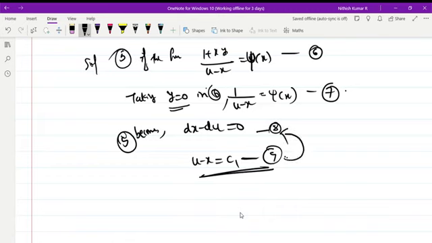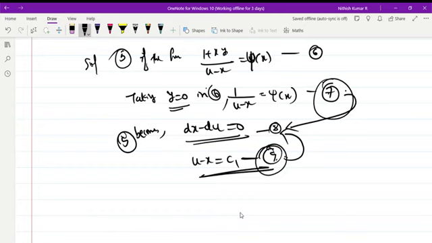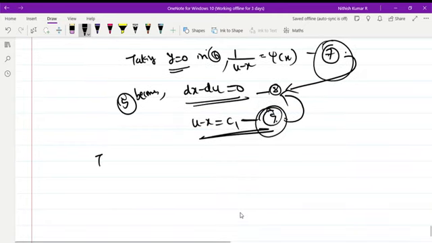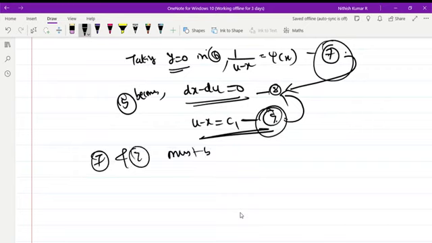Now when I take y equal to 0, my equation 5, the partial differential equation, reduces to 1 dx plus 0, and y is 0 so it is du. So we have dx minus du equal to 0.